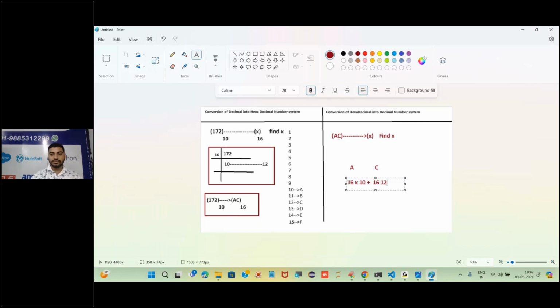So multiply it with 12. Now let's come to the power. Tell me the power for the base 16. Sorry, power. It is 1. Next it is 0. Now calculate this.